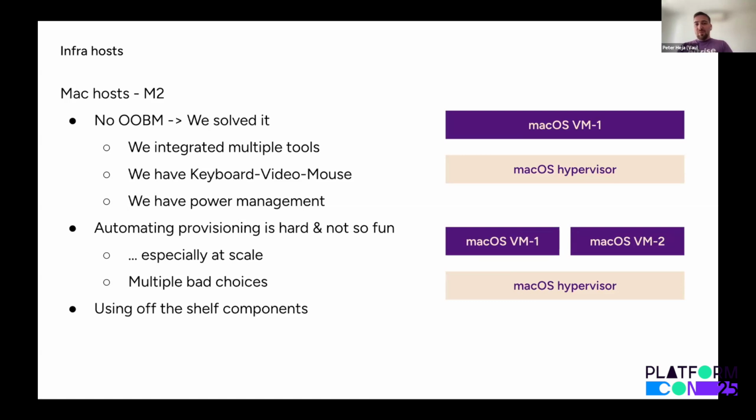And also, whatever happens, let's say a kernel crash occurs, or a Mac mini just for some reason decides to hang, you can have power management through smart PDUs like we do, and that can power cycle things. And you can see from this so far that automated provisioning can be hard.